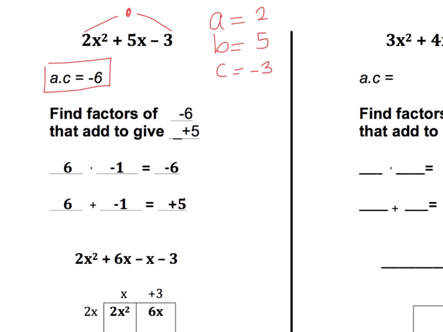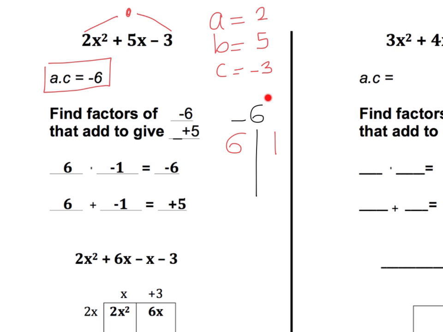So let's list all of the factors of negative 6 and see which ones would add to give me 5. I know that it shows the 2 numbers over here, but I would like to walk you through this so you can try the other one on your own. Now, what multiplies to give me 6? I know 6 times 1 would give me a 6, but if I add them, that will give me a 7.